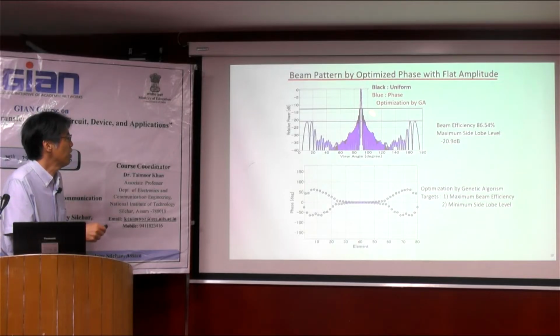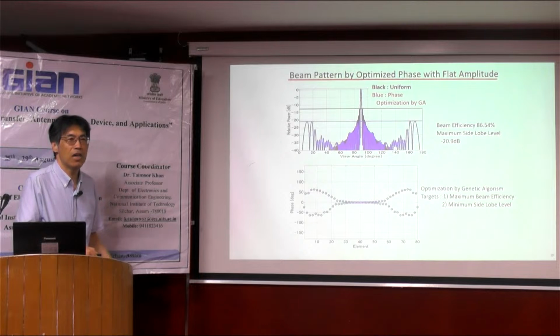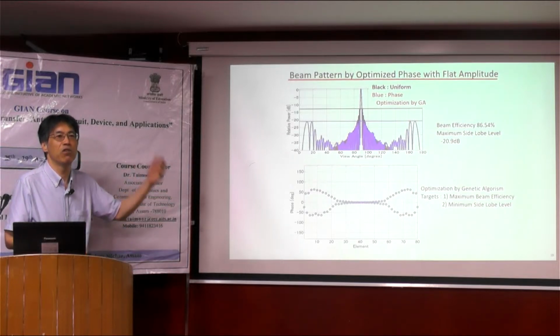It's very unclear, but black is the uniform. Here you can see higher side lobes, and blue is a beam formed by the optimized phase with very low side lobes. And as a result, beam efficiency increases.